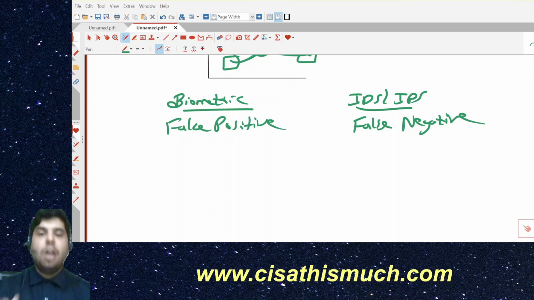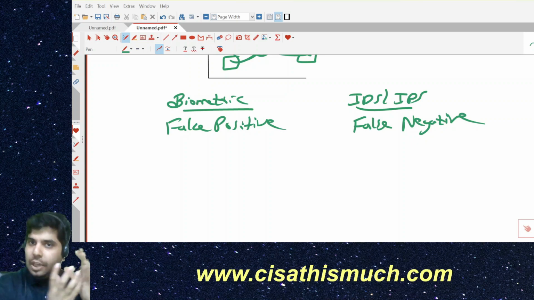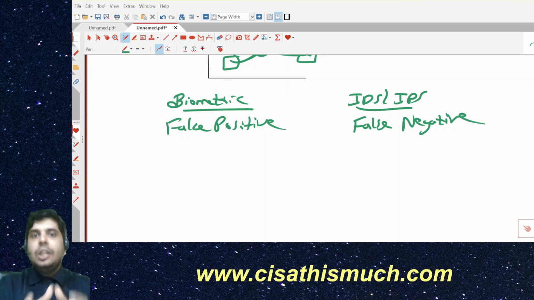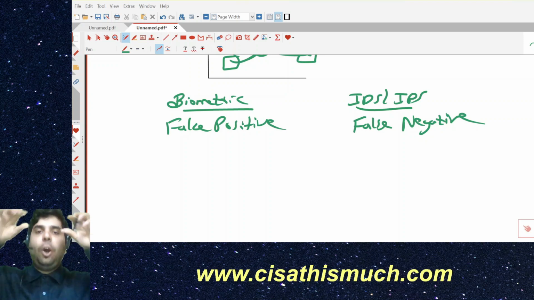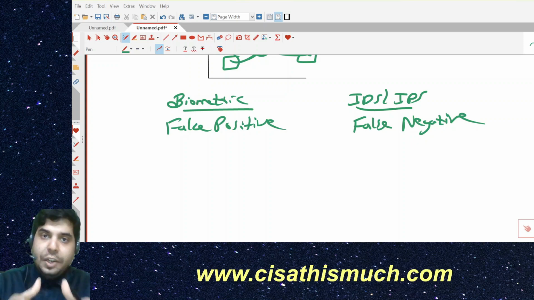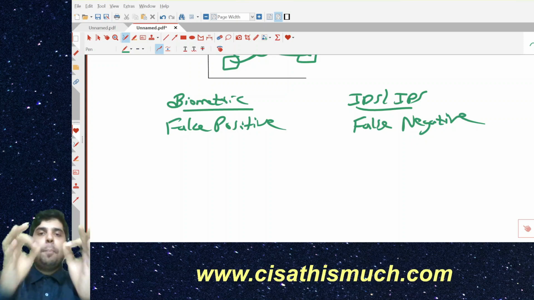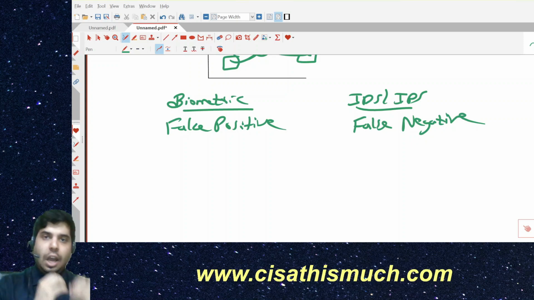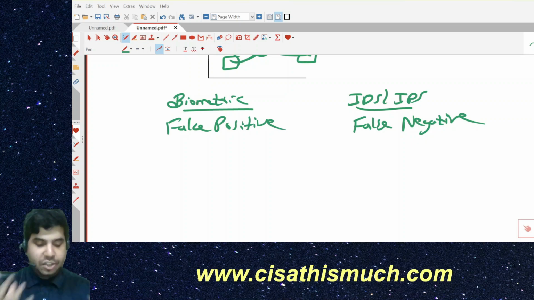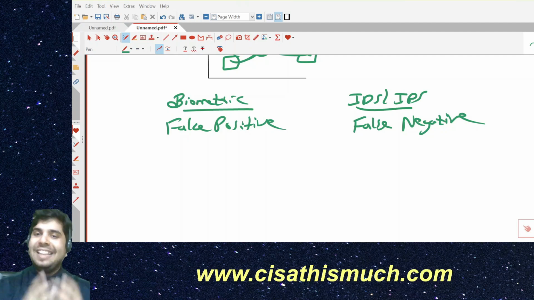So in biometric, false acceptance is the biggest concern, because you are falsely accepting the wrong person, allowing a wrong person into that room or giving access to a device. This is always the highest concern. In case of IDS or IPS, the answer is false negative.